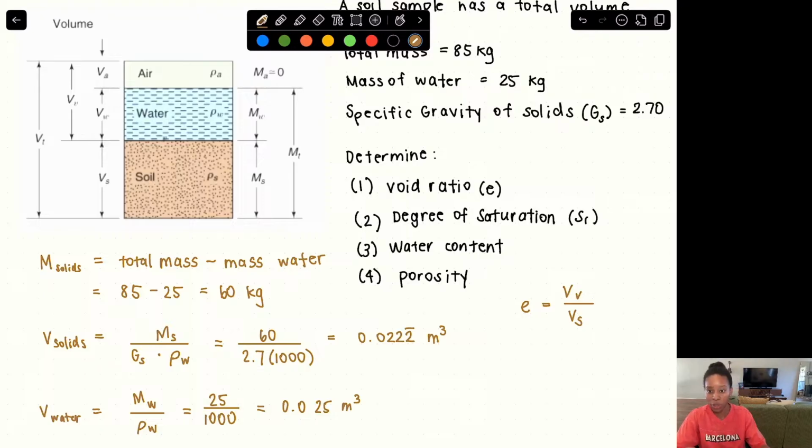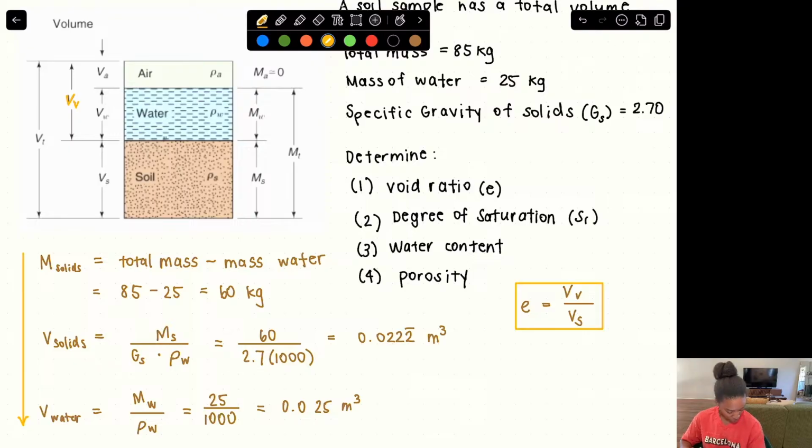The void ratio is the volume of the voids to the volume of the solid. So voids will be air and water. So that's what VV is. If we look at the diagram, I know it's hard to see, but this right here is the volume of the void. So that's going to be air and water. So this is what we are trying to get to, which is why we're going through this exercise.